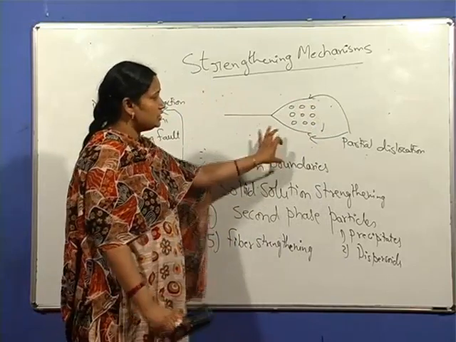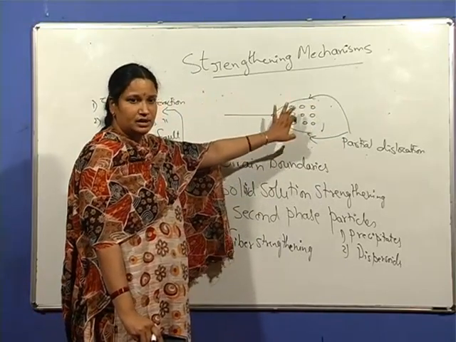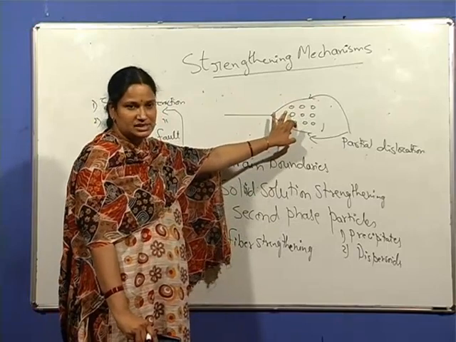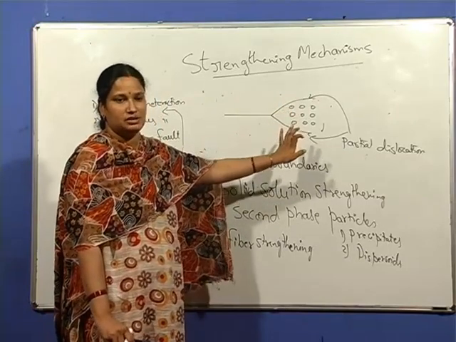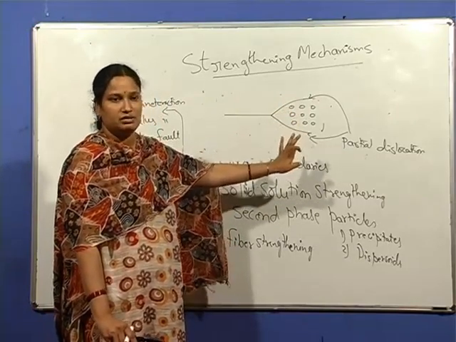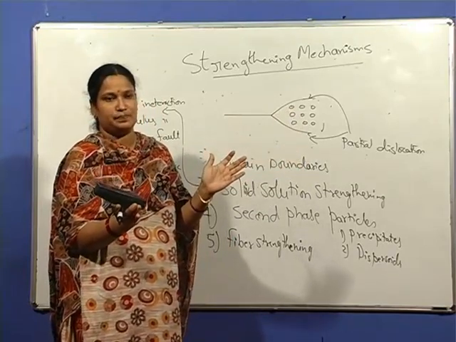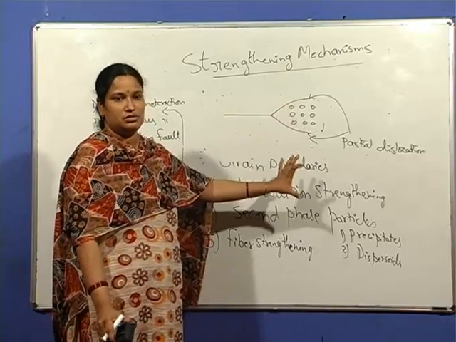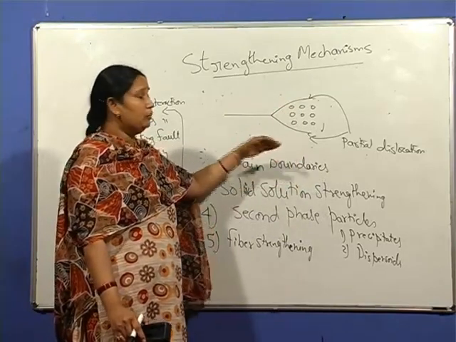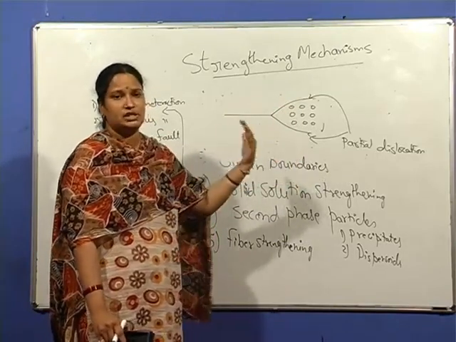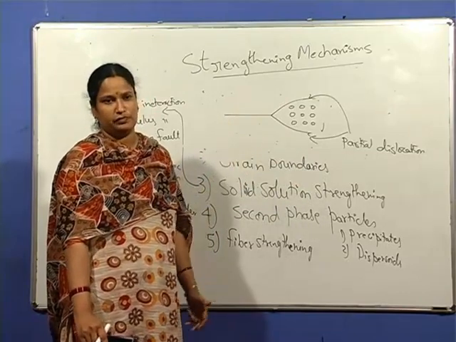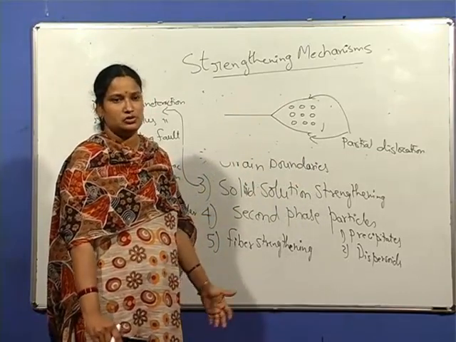As the concentration of solute atoms in the faulted region increases, the energy becomes lower. The lower the energy, the more the separation between the partial dislocations and the more the faulted region. So there will be more constrictions for this extended dislocation to move, whereby this also contributes to strengthening.